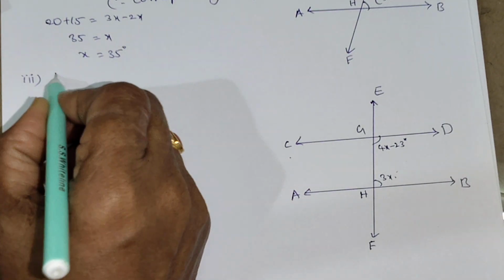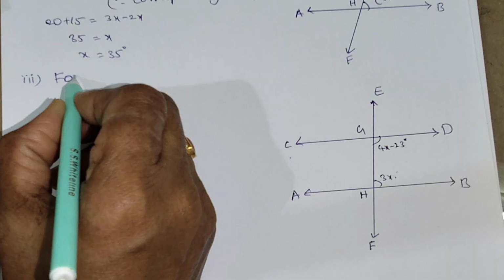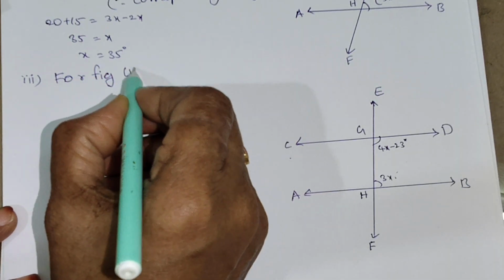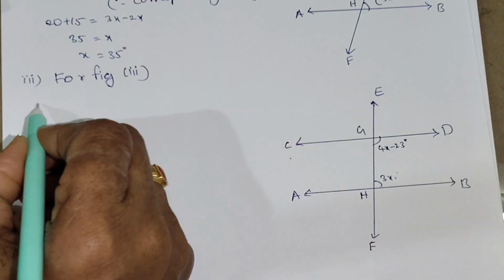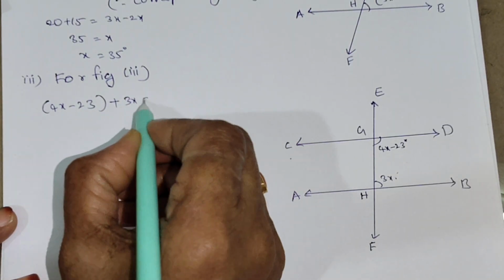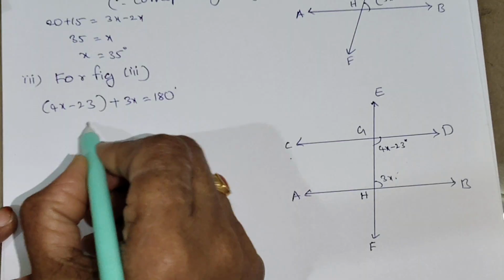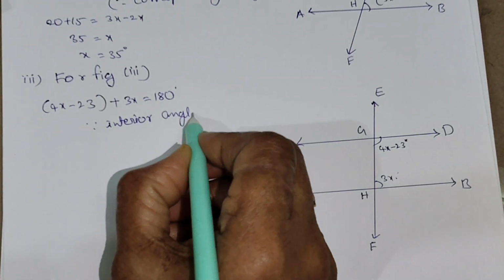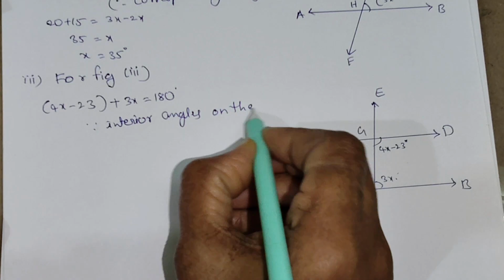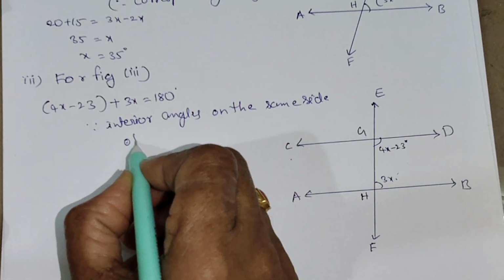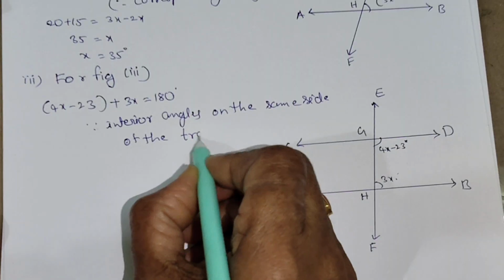So from the figure, 4x minus 23 plus 3x equals 180, since they are interior angles on the same side of the transversal.